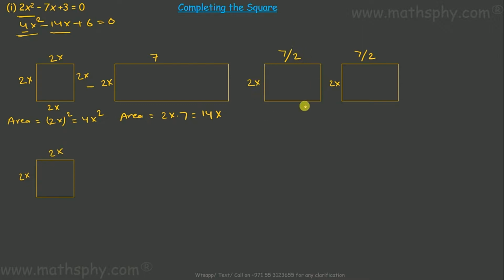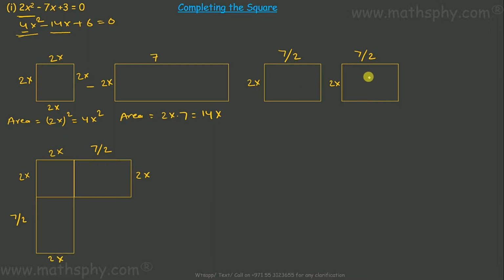Let's attach it with this square like this. This is 7 over 2, this is 2x. Now let's take the other rectangle and attach it here. We have to flip this. 7 over 2 is this, and 2x goes in the bottom.